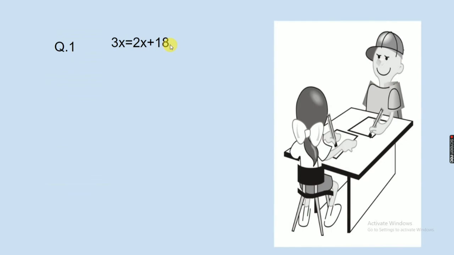So friends, here you can see the very first problem. This is 3x is equal to 2x plus 18. Now here you can see that variables are on both sides of the equation.